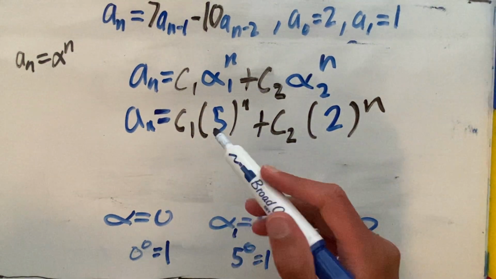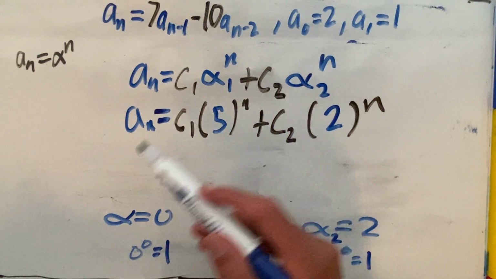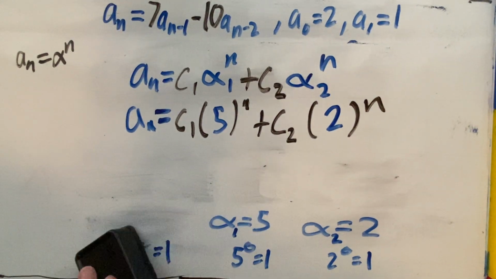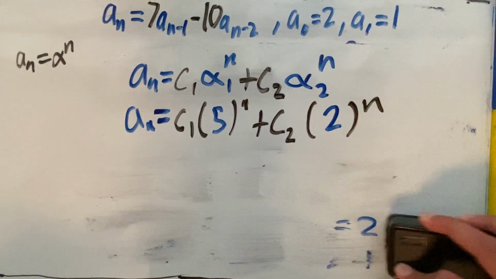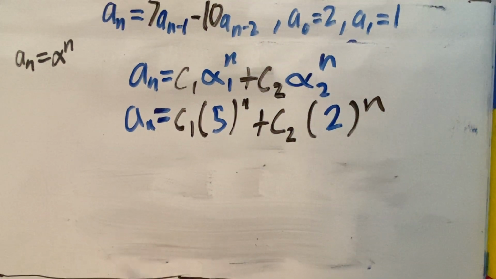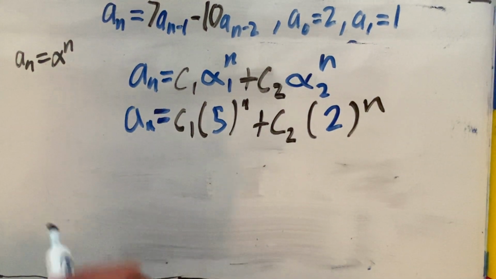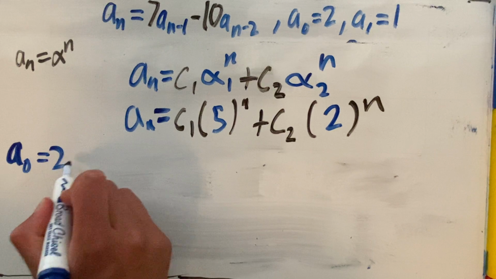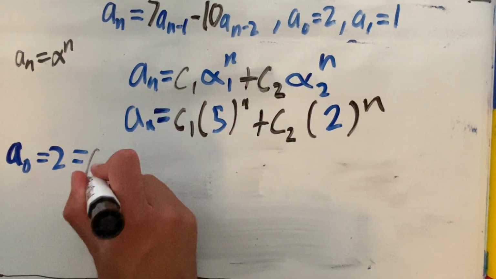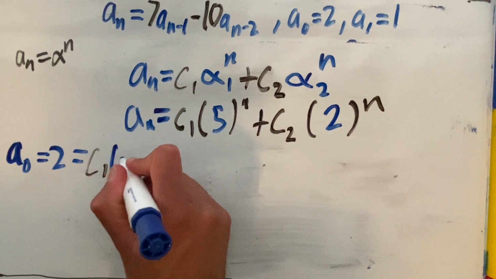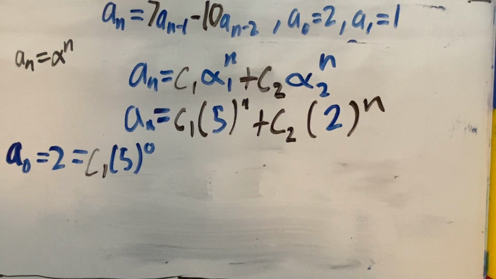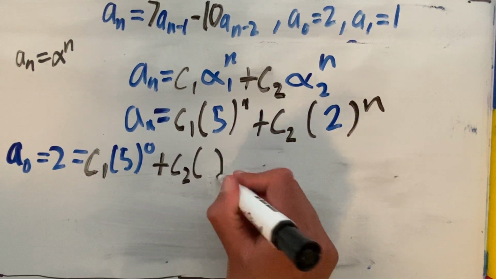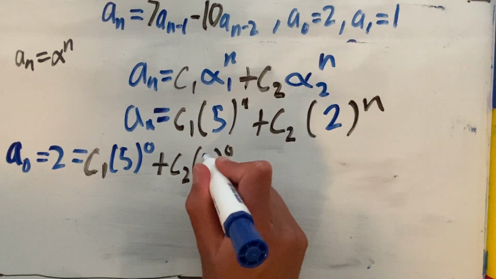Now we can check a couple of values. There's a system of equations that we can implement, n equals 0 and n equals 1. What are the two equations that we have available to us based on these initial conditions? We can see a sub 0 equals 2, and that's supposed to equal c1 times 5 to the 0 power plus c2 times 2 to the 0 power.